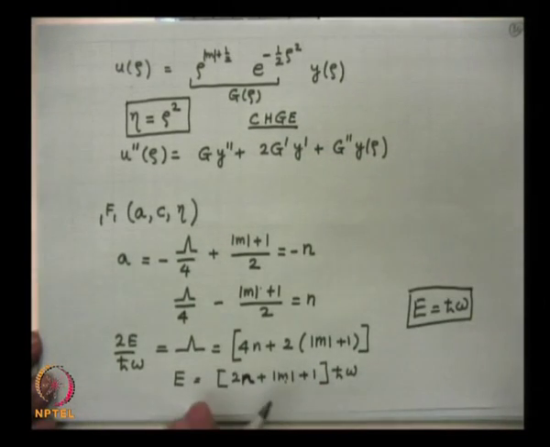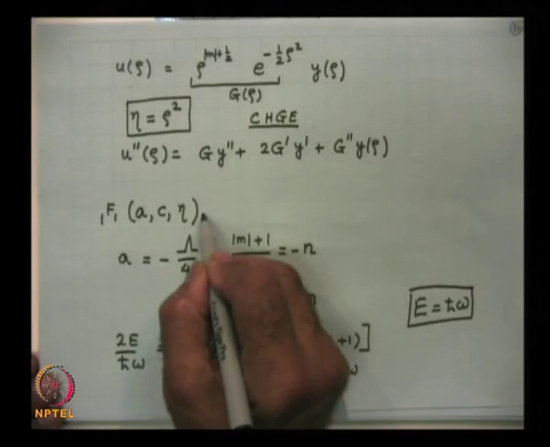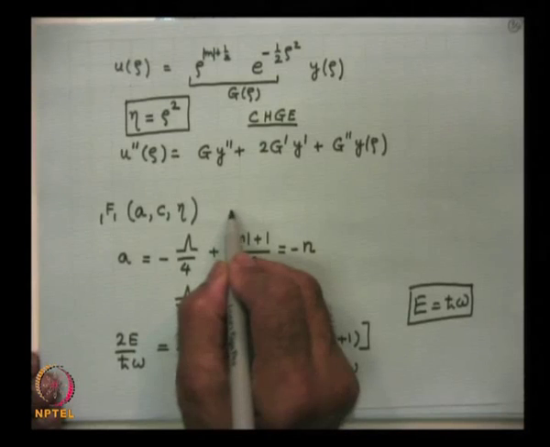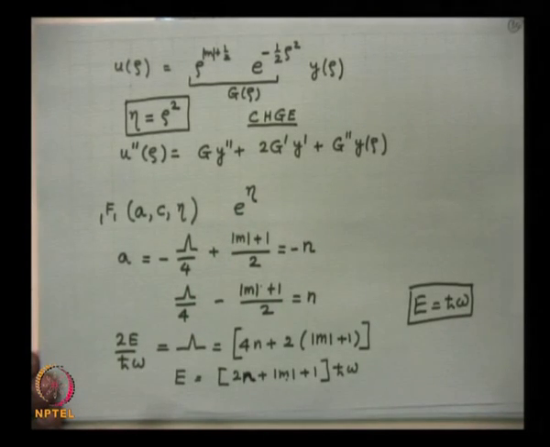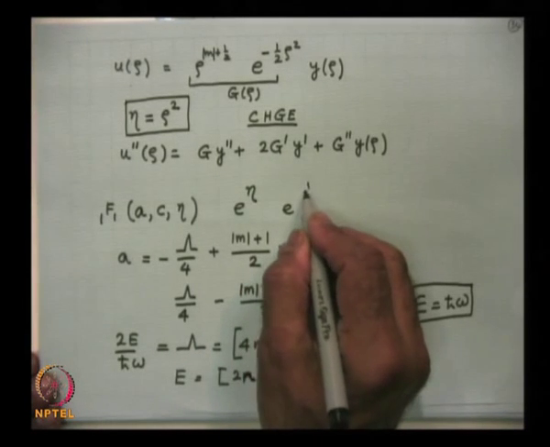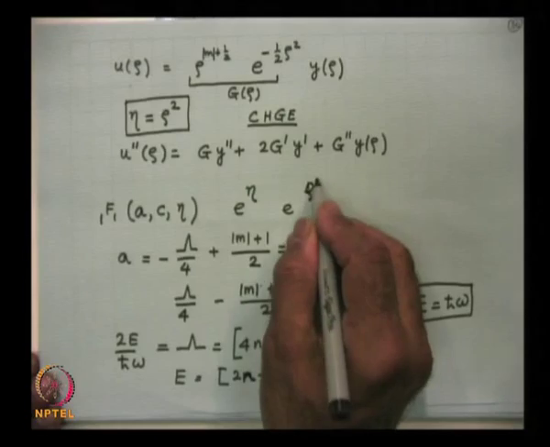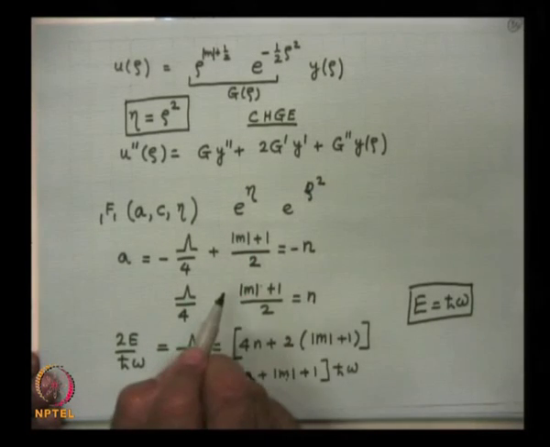And for that confluent hypergeometric equation, the function must be terminated, otherwise, if this series is not terminated at large values of eta, it will behave as e to the power of eta. So, this will behave as e to the power of rho square, because eta is equal to rho square.